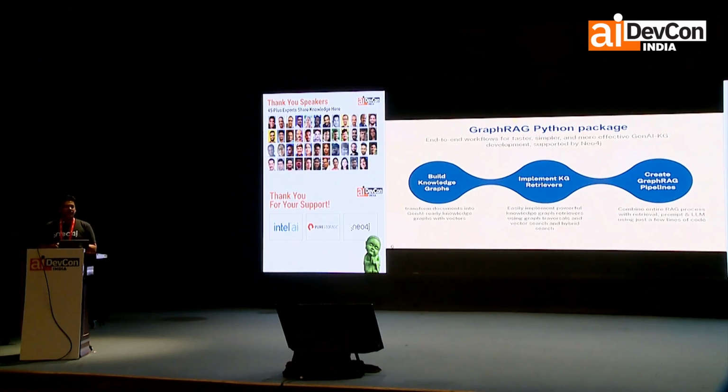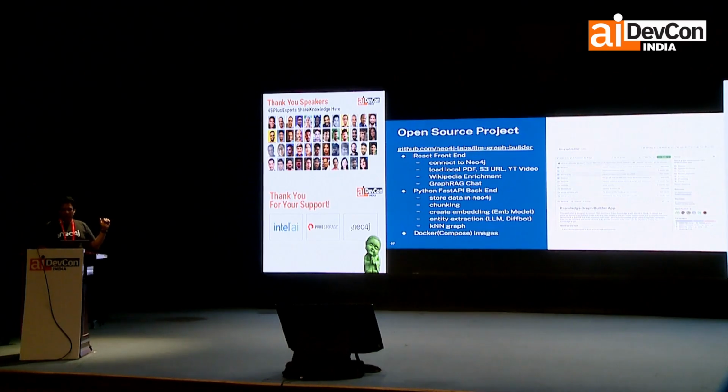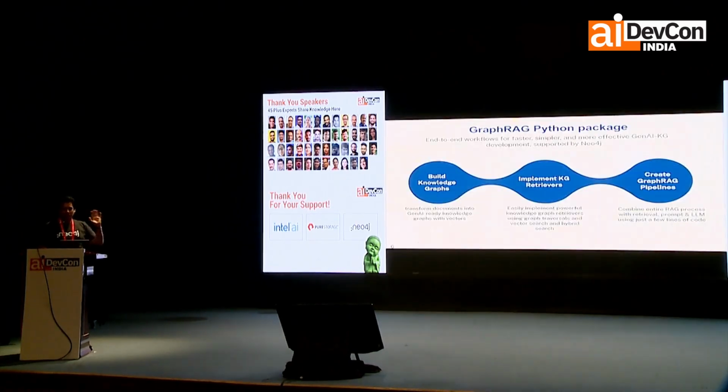It was earlier named Neo4j-GenAI, which is now renamed Neo4j-GraphRAG. This package is super amazing. It gives you a bunch of retrievers, but it also helps you build your own knowledge graph. What we did here in this no-code environment, you can also do the same thing in this GraphRAG Python package. An amazing package, to be honest. I'll show you a demo as well, the same Amara demo, if I have time.